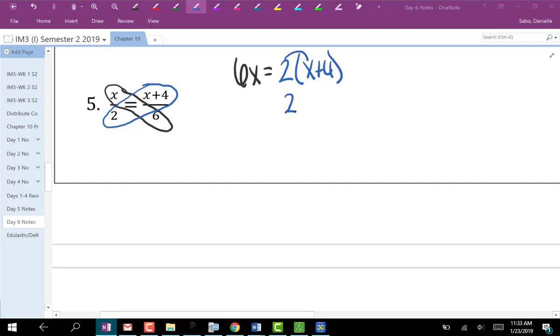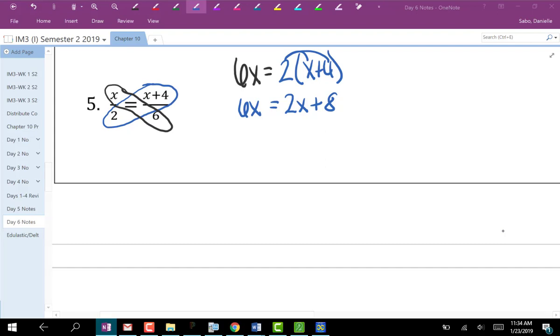So I have 2x plus what on the right side? 8. And then bring over that 6x on the left side. When you get to this for solving, hopefully you remember, you have to put all of your variables or your letters to one side and all your numbers to the other. So my variables over here, there's one here. Because this guy has an 8, I'm going to move him to the left.